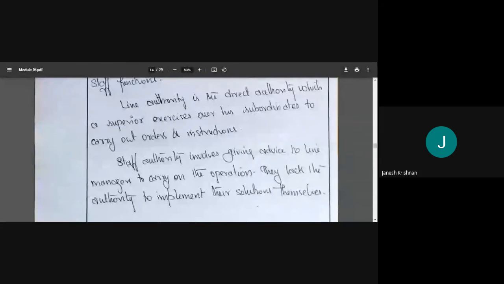The advocate will tell me, if that is the case, you can do this, but I have to do that. It is not that the advocate can do anything. I have to implement. So I am the line authority, and my advocate is my staff authority. Okay, we'll wind up here today, and let me know if you have any doubts.